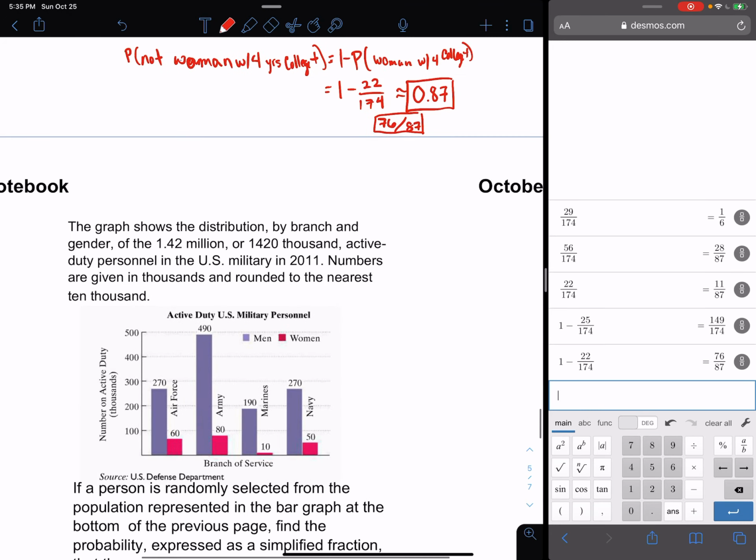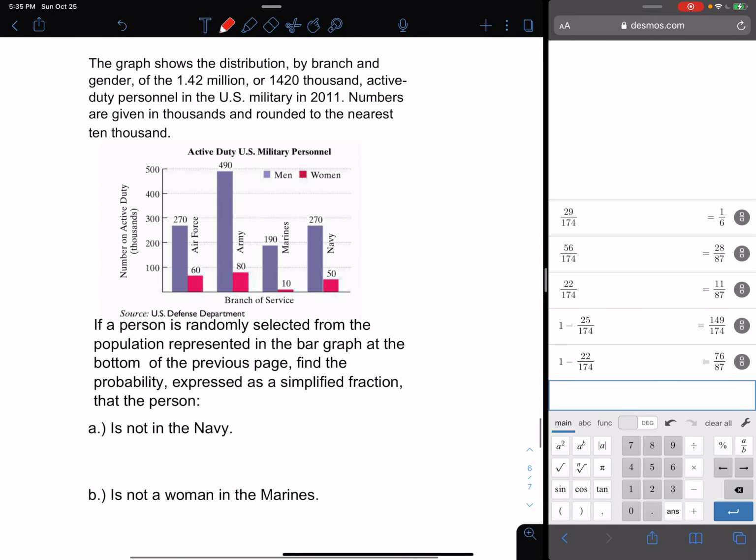Let's look at another example where they give us a graph. So the graph shows the distribution by branch and gender of the 1.42 million, or 1,420,000 active duty personnel in the U.S. military in 2011. Numbers are given in thousands and rounded to the nearest 10,000.